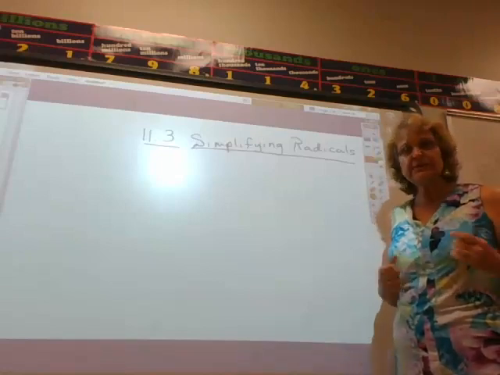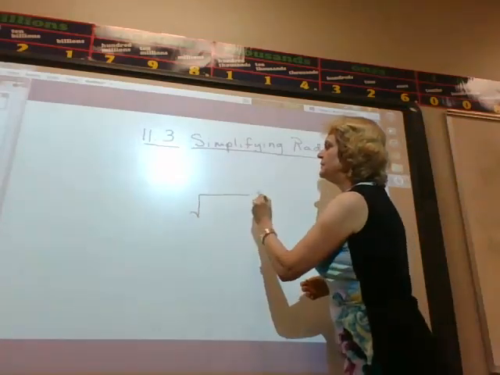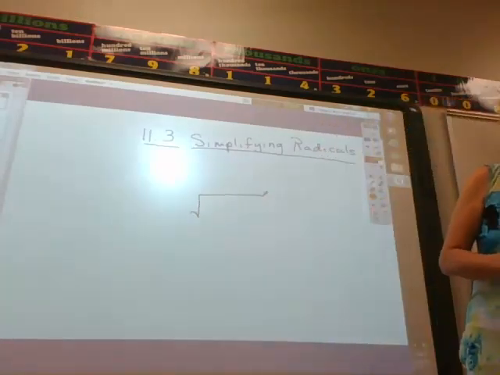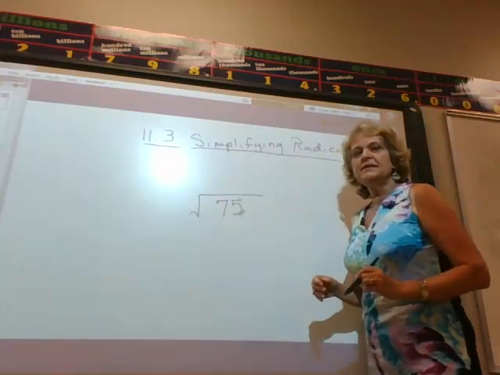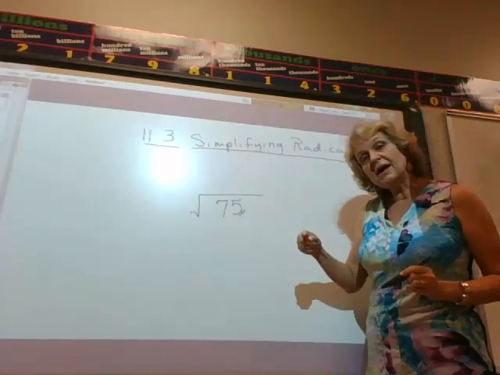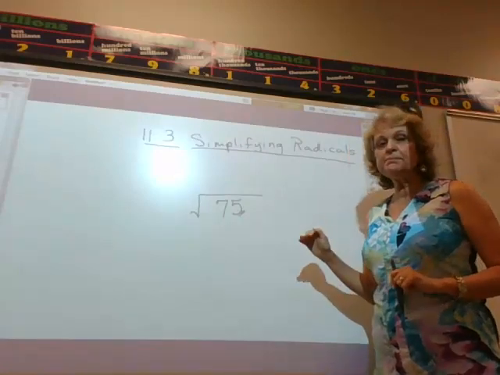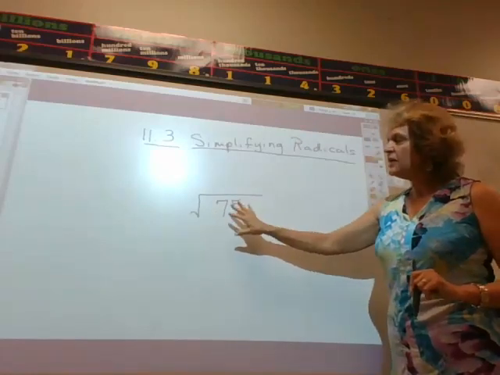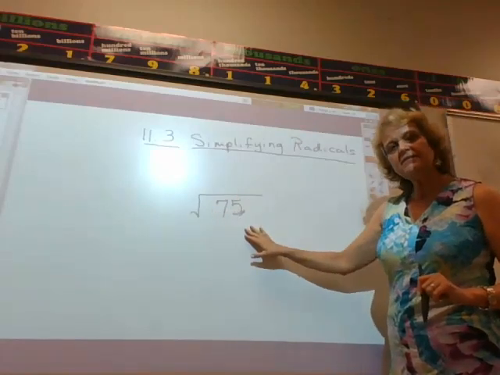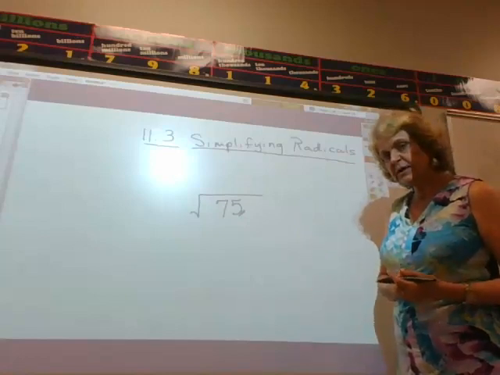Now you did this in pre-algebra, hopefully you remember it, but let's say that we have a number like radical 75, okay? Now again, I could approximate. If you're told to approximate, use your calculator. If you're told to simplify, you would want to simplify that by trying to break 75 into factors whereby one of them is a perfect square.